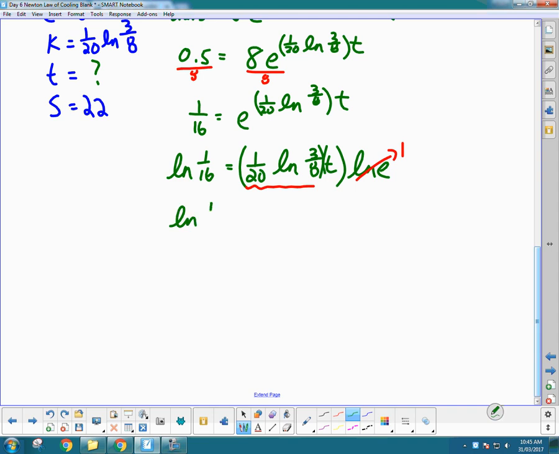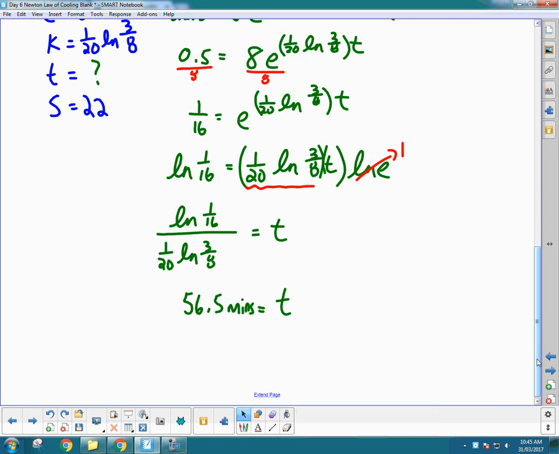So it's ln 1/16th all over 1/20th ln 3/8 equals t. And punch that into your calculator. I'm not going to use my calculator, I'm just going to do it off the top of my head. And I think it's around 56.5 minutes. And it turns out it takes 56.5 minutes to cool the extra little bit to 22.5 degrees.